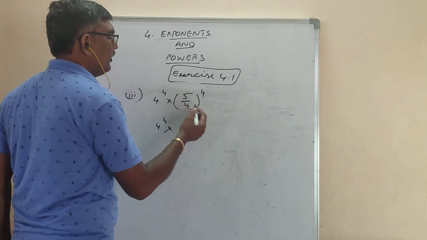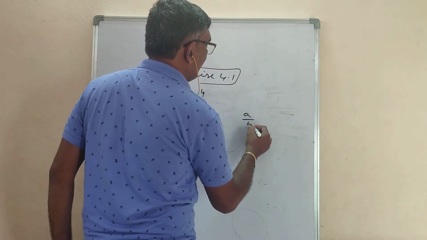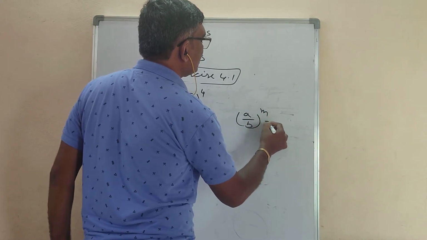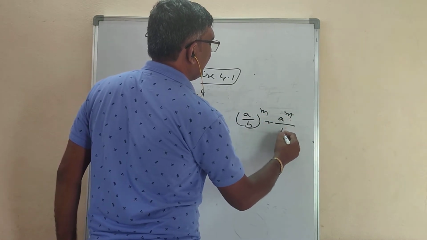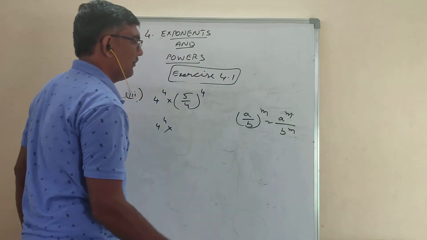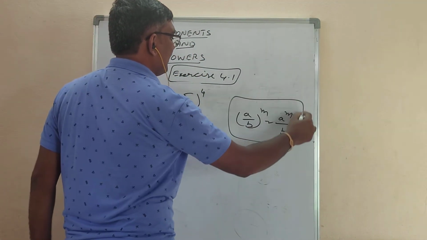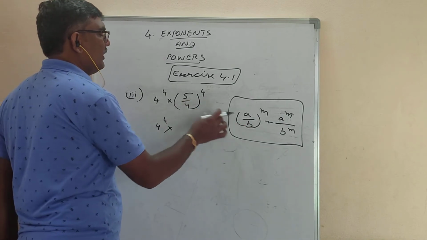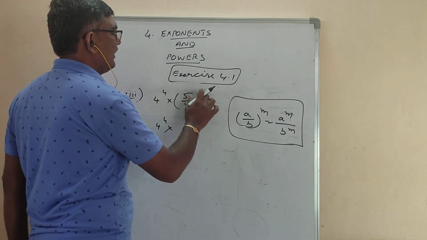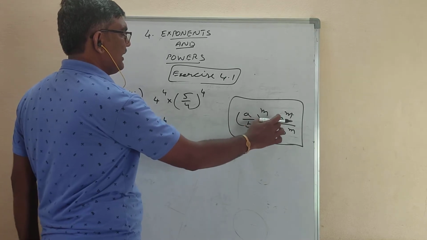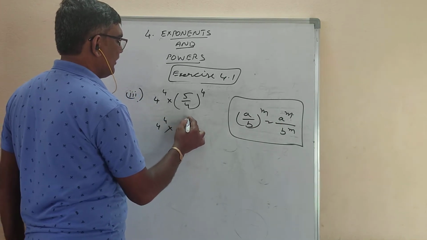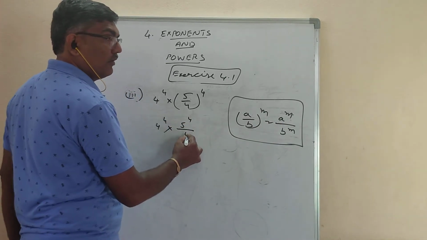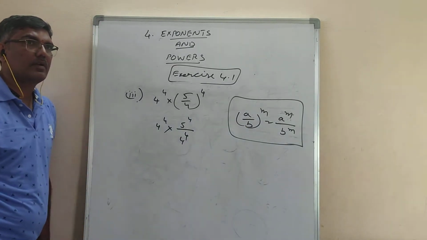Here you have one formula: (a/b)^m is nothing but a^m / b^m. This is the formula to be used. So I am writing the power for numerator and denominator separately: 5^4 / 4^4.